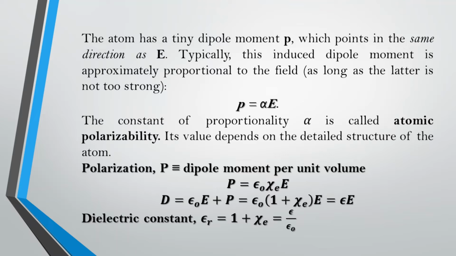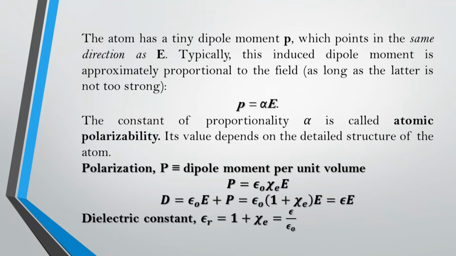So capital D would be epsilon 0 E plus capital P, that is epsilon 0 E, and in place of capital P we can say epsilon 0 chi E into capital E. So if we take the common of epsilon 0, we'll get epsilon 0 (1 plus chi E) into capital E. So basically capital D, that is the displacement, is proportional to the external field.